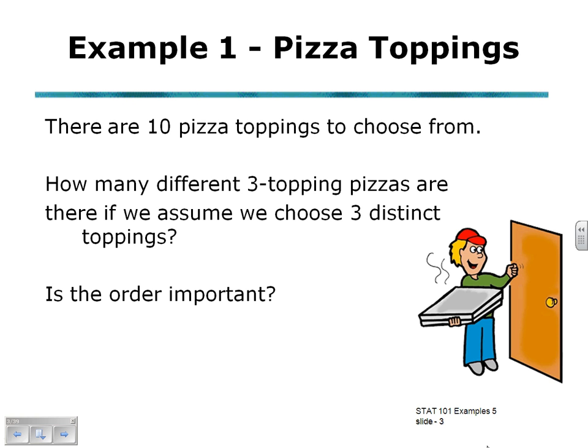The first example, example 1, we've got 10 pizza toppings to choose from. How many different 3-topping pizzas are there if we assume we choose 3 distinct toppings? Is the order important? If we're going to go for a pizza with ham, cheese and pineapple, does it matter if we get the ham followed by the cheese followed by the pineapple, or the cheese followed by the ham followed by the pineapple?